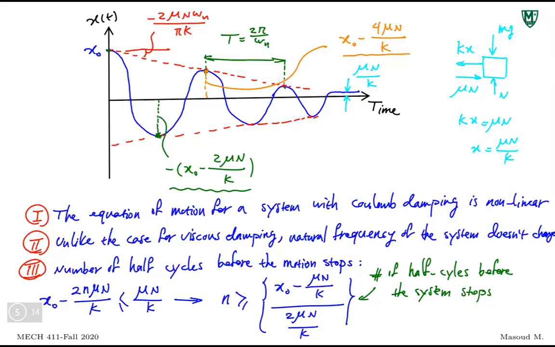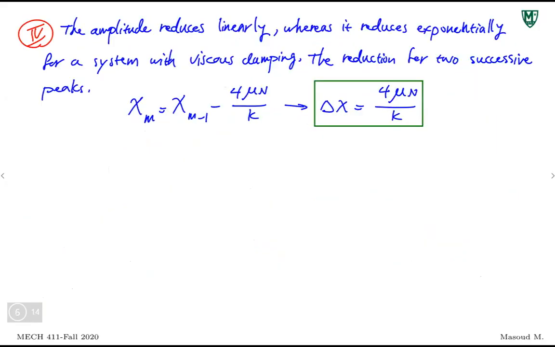We could even find the number of half cycles before the system stops, because we know where it stops, mu n over k. This is pretty much all you need to know about this system. I'll quickly take a look at a straightforward example.